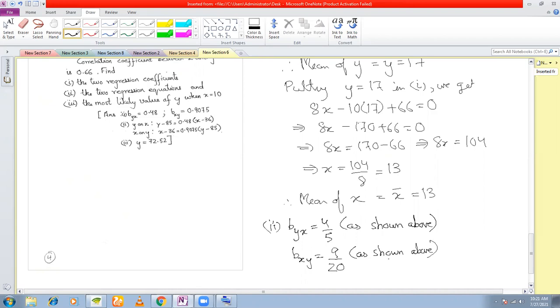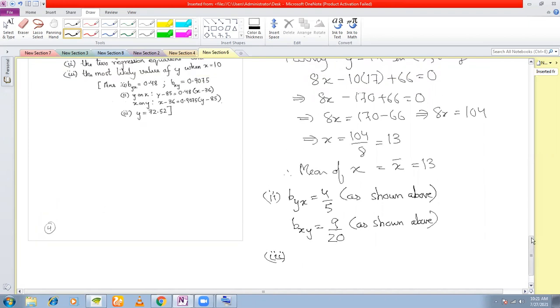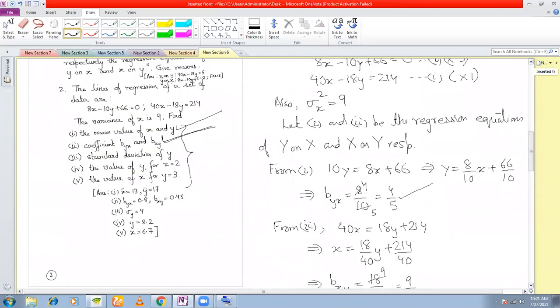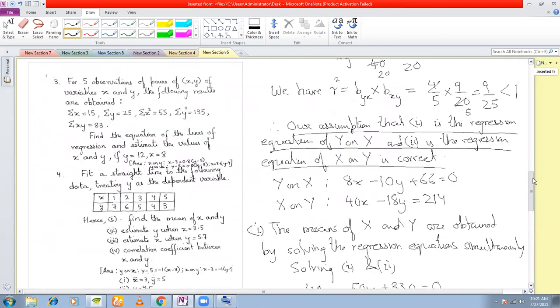Okay, so that is the benefit of finding out the regression equations first. Sooner or later you will have to do it. Why not do it first? Next question is, so this part is over. Standard deviation of y. So what is the variance of y? Given variance of x is given, isn't it?